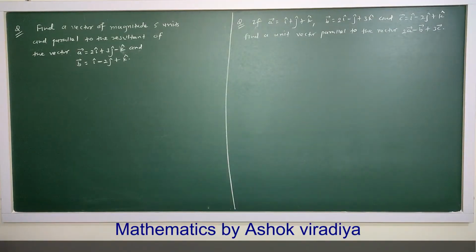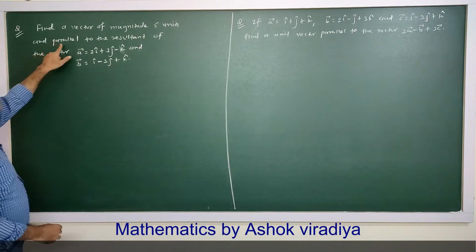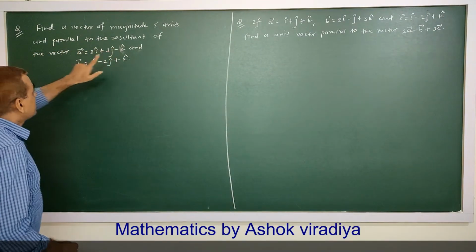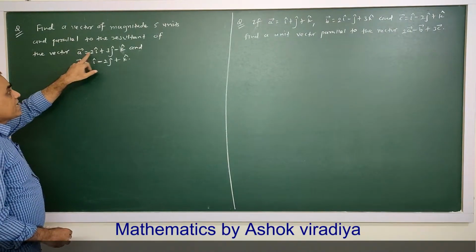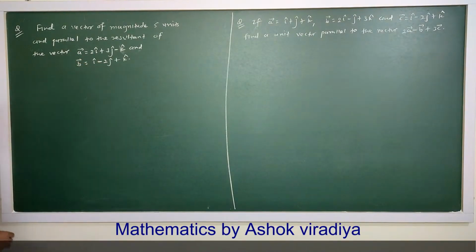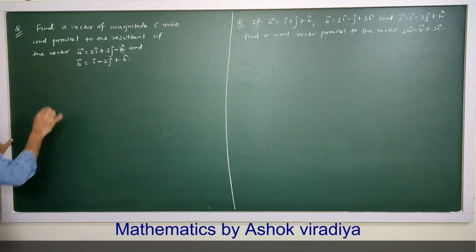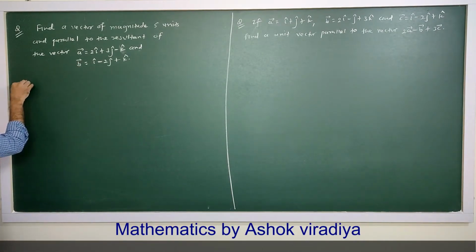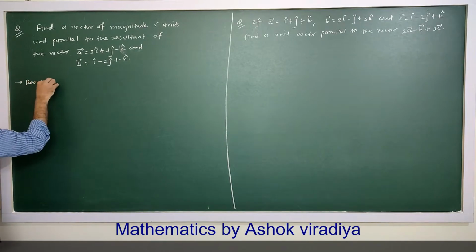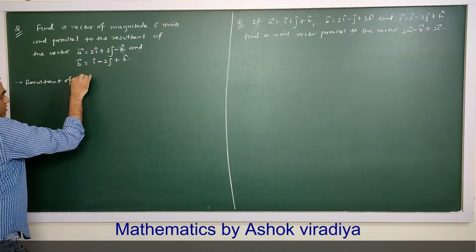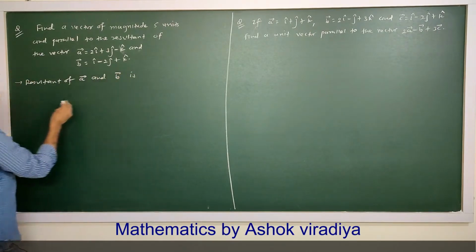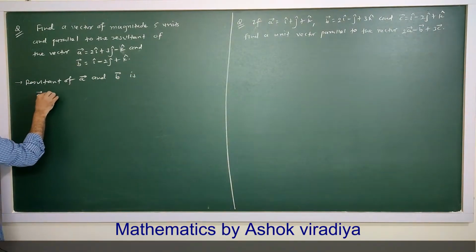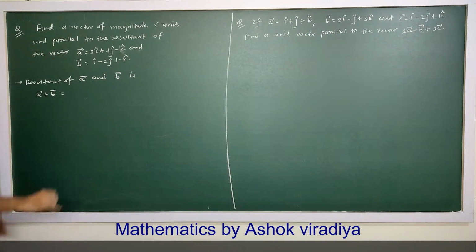A vector of magnitude 5 units and parallel to the resultant of vector A and vector B. So the resultant of vector A and vector B is its addition.